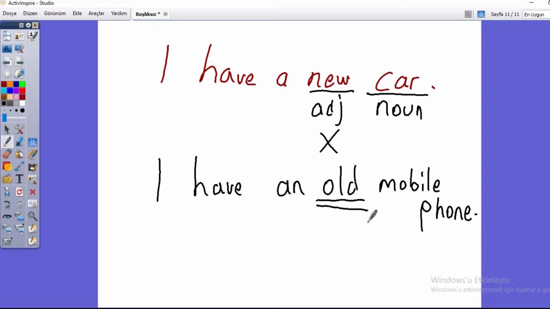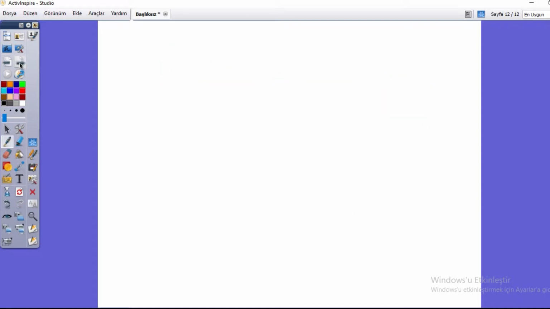So old here, again, as you see, is the adjective. Mobile phone is the noun. Again, the adjective describes the noun. Here we use old for an object. We can also use old for people. Let's give you the example for people. My uncle. My uncle is around 60 years old.